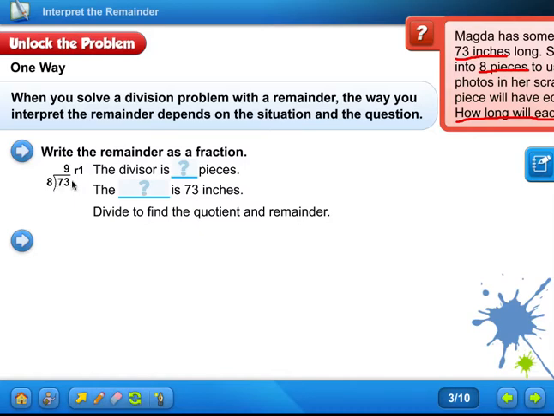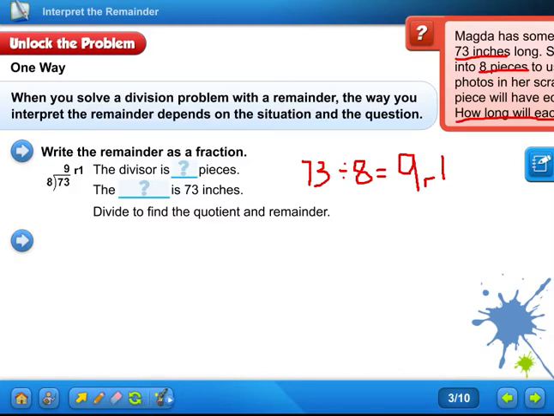So we know that the 73 inches divided into the 8 pieces, remember that's one way you can write it. The other way you can write it is 73 divided by 8 equals 9 with a remainder of 1. All right.